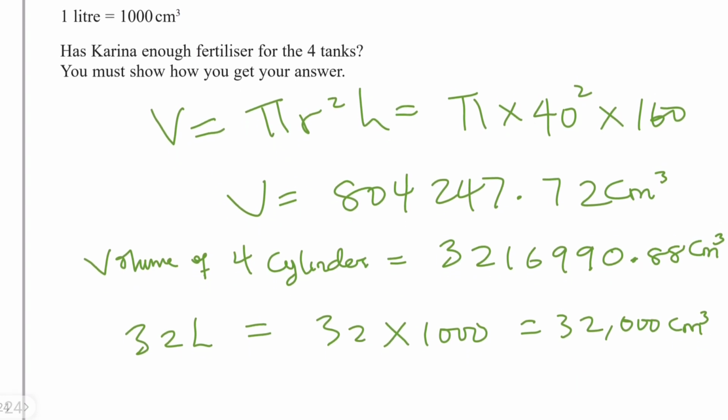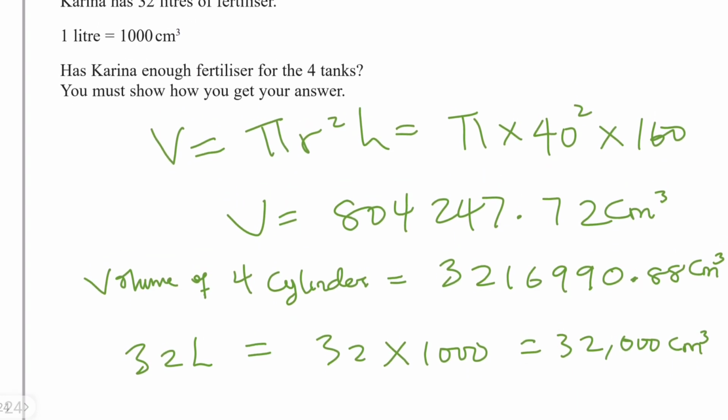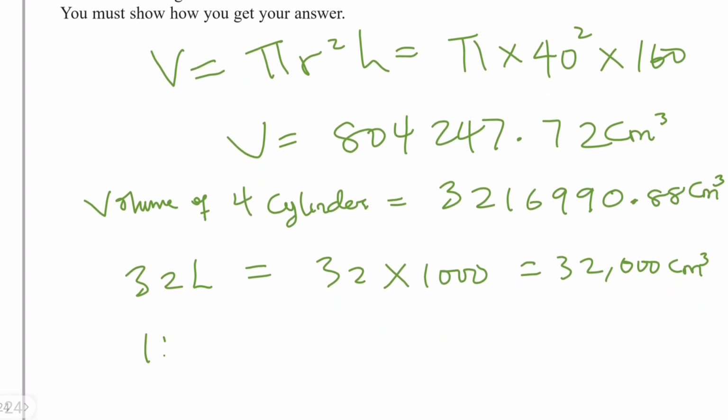Now let's break a single volume into 1 to 100. So 1 to 100 is going to be 101.